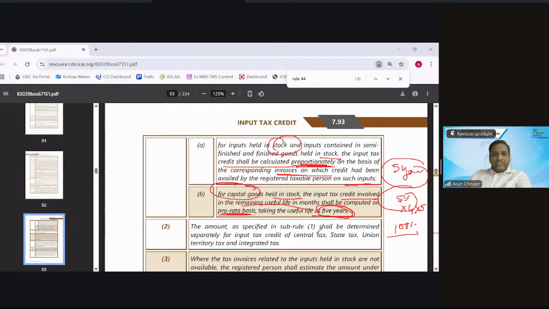For capital goods held in the stock, the ITC involved in the remaining useful life in months shall be computed on a pro rata basis, taking the useful life as 5 years. So this is for 18.4 and 29.5.